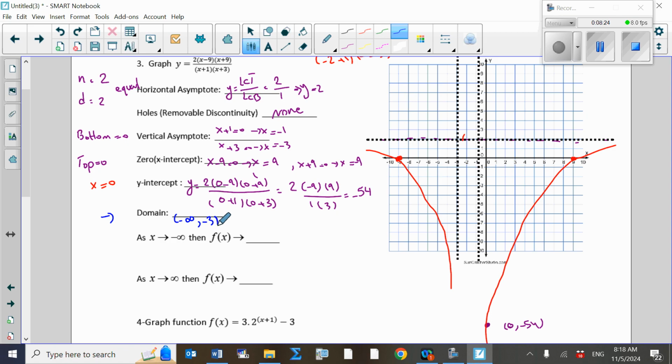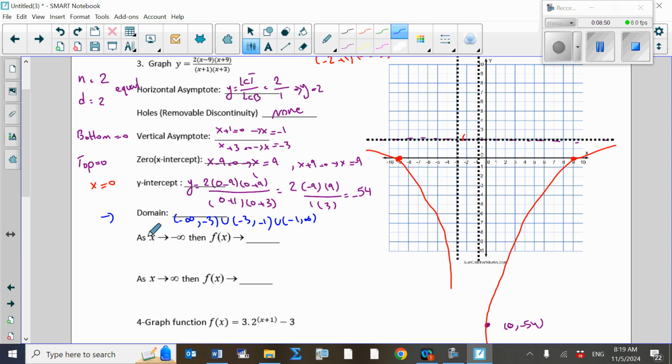There is a discontinuity here. Then from negative 3 to negative 1, because there is another asymptote here, I have to jump at this one as well. And from negative 1, I don't have anything in my way. I can continue moving. Everything is defined after this point. So I write negative 1 to infinity. So this is how you write the domain.